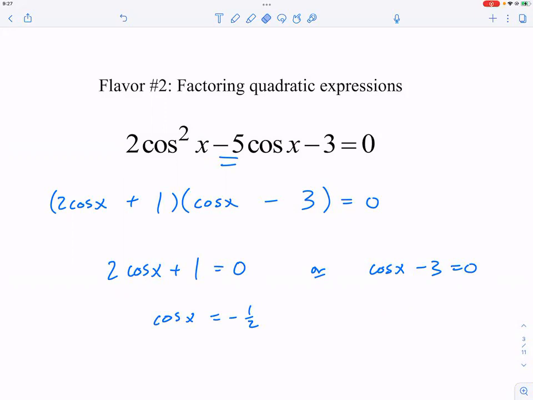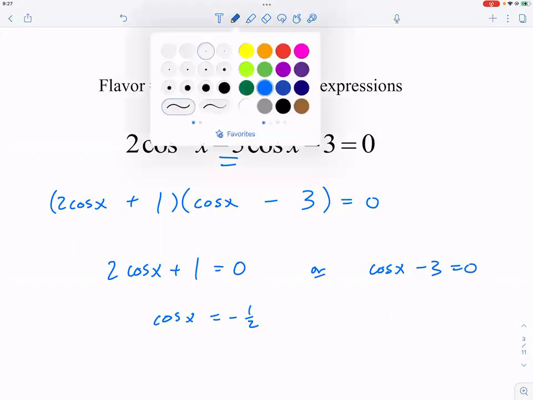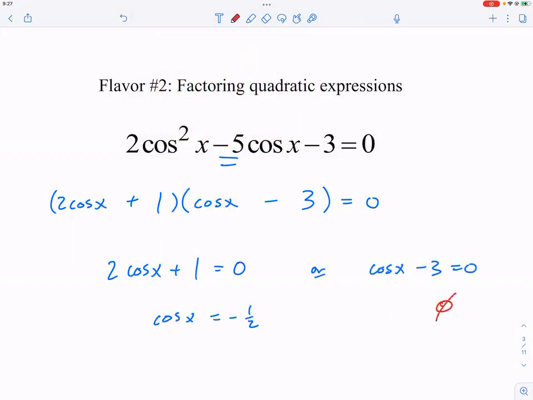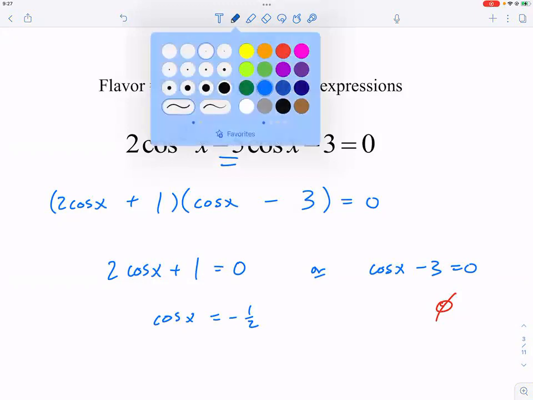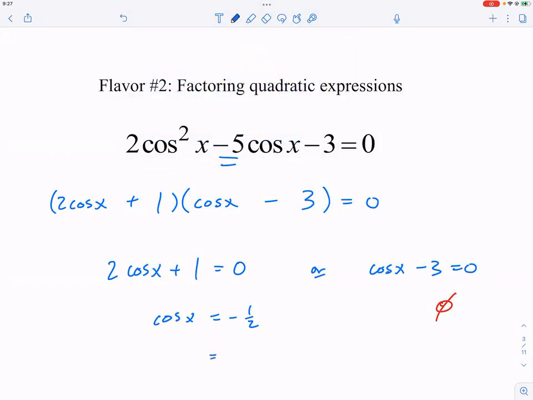I think we talked about this before. Cosine x can only be up to 1, right? So in this case, we got nothing from cosine x minus 3, because there won't be any x value that could ever make this part of the statement true. Never ever.